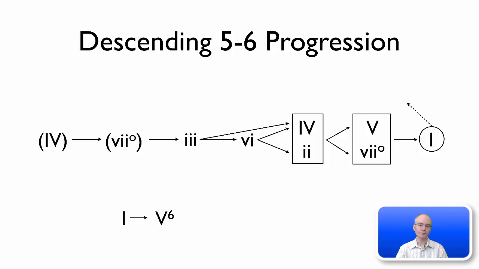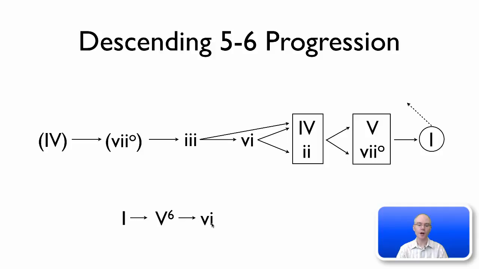We start with a 5th, and then we go to a 6th, and then we keep going down to a 5th. We get the 6th chord. And if we notice here, we've got 1 to 5, so it's up a 5th.